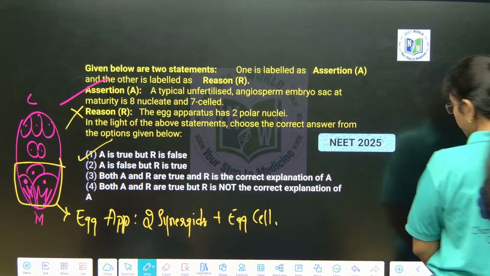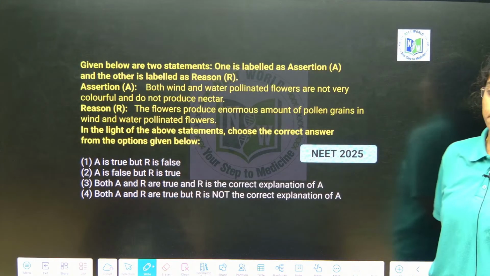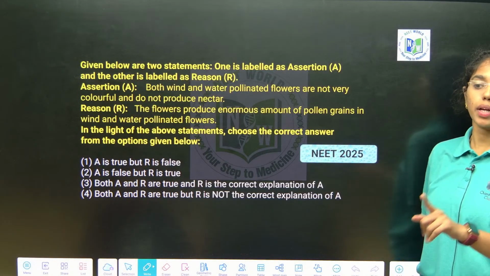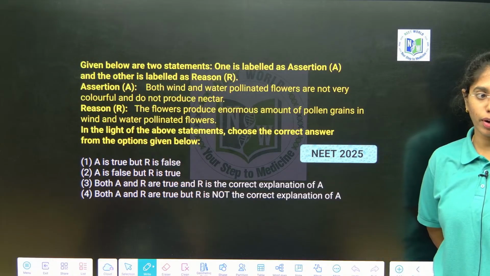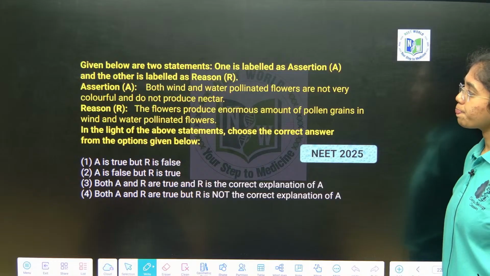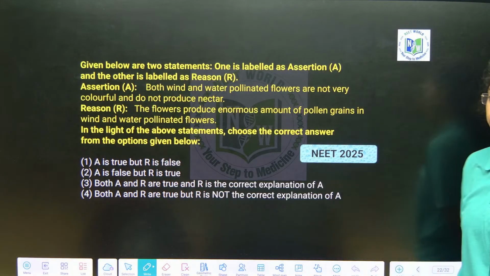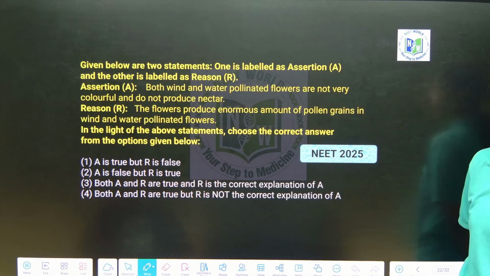Next question you see. Again assertion reason. From this chapter you will get most of assertion reason questions, most of statement based or match the following type. Types of pollinations important, both biotic, abiotic. Assertion and reason are true, but reason is not correct explanation.